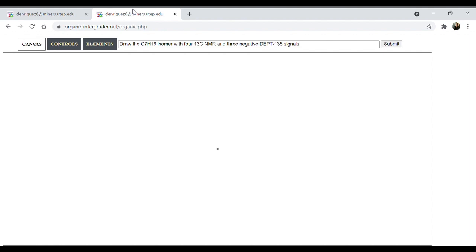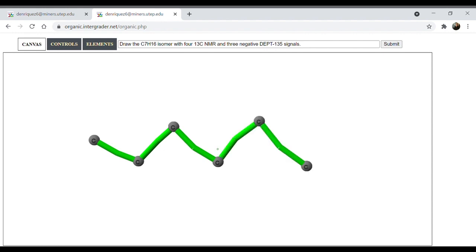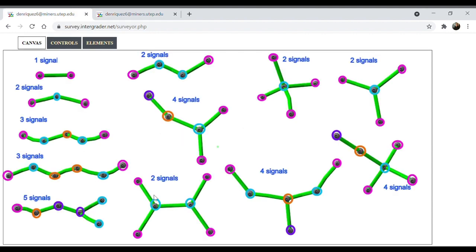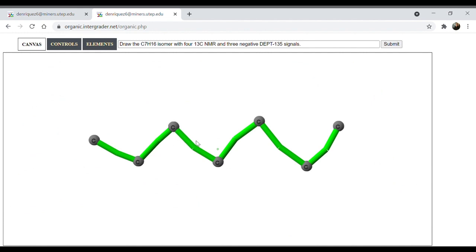I don't have this on my notes, so we're going to do it together. So I believe it's chain 1, 2, 3, 4, 5, 6, 7. Oh, so it's 4 signals. Let's see if I had that. I thought it was 3. Nope, I don't, but I'm pretty sure it's a chain.